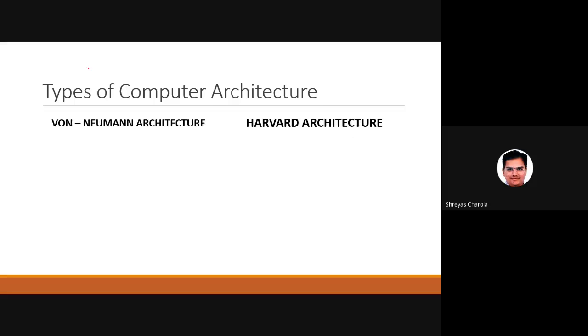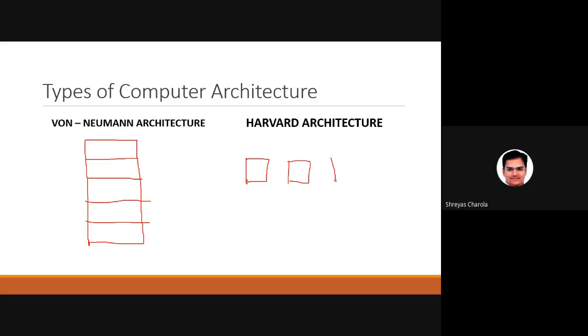Let's consider the Von Neumann architecture like one building with multiple flats, and the Harvard architecture like separate flats. Once the person is standing here, I ask him to go to the first floor and find out how many members are in that flat.